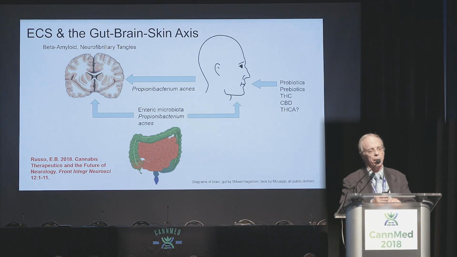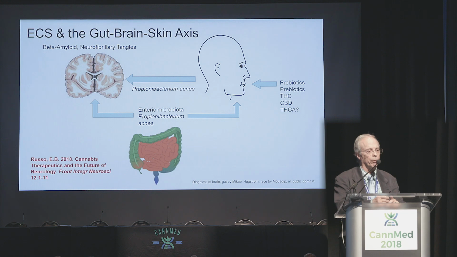And as you see from the diagram, it's not only beneficial bacteria, but there's abundant evidence presented in the paper, but not here today, that supplemental THC, CBD, and even THCA may do similar things in allaying these type of afflictions.